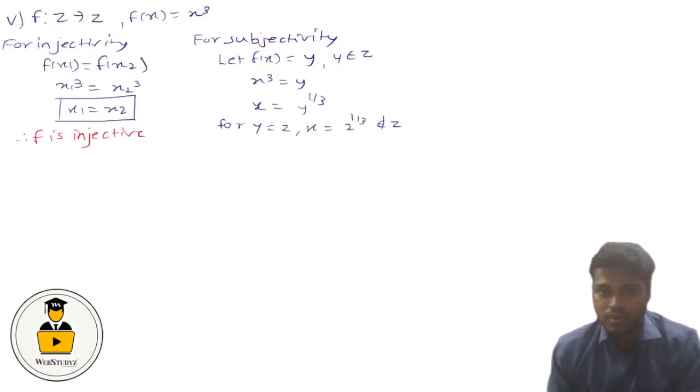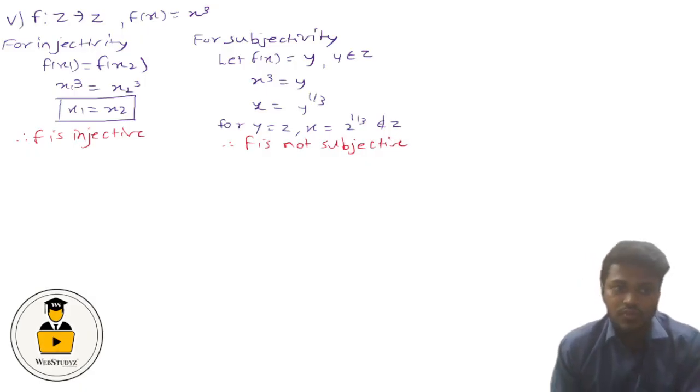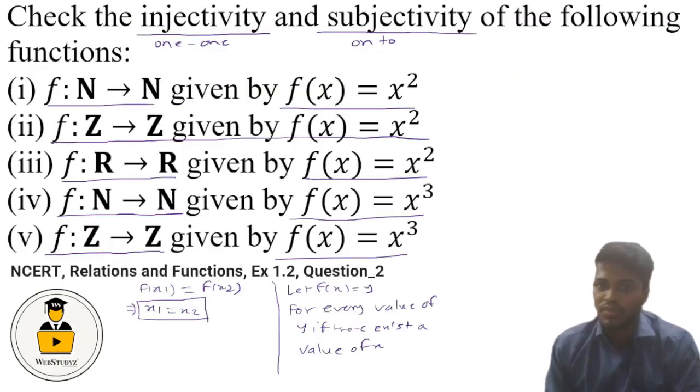So therefore f is not surjective. So in this question, we have understood the concept of injectivity and surjectivity, and we have checked whether the given function is injective or surjective.